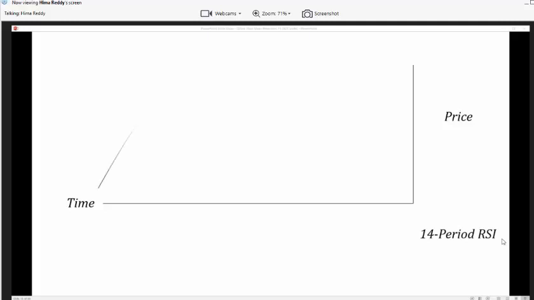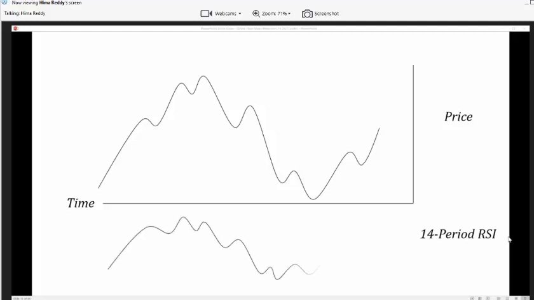Okay, so in terms of price and RSI, how they move, the momentum generally moves with the price. So here we go. We've got a series of price action, and these specifics are not that important here because, again, I'm trying to make sure we all are on the same page about mean reversion.